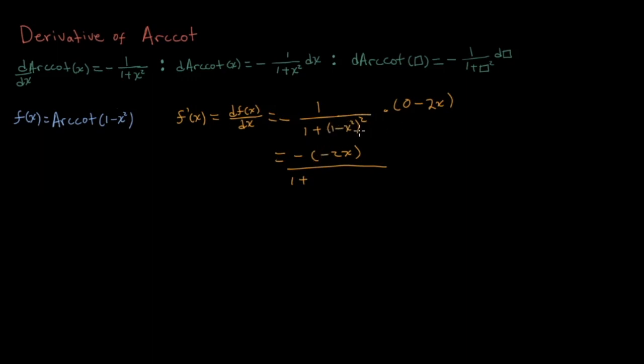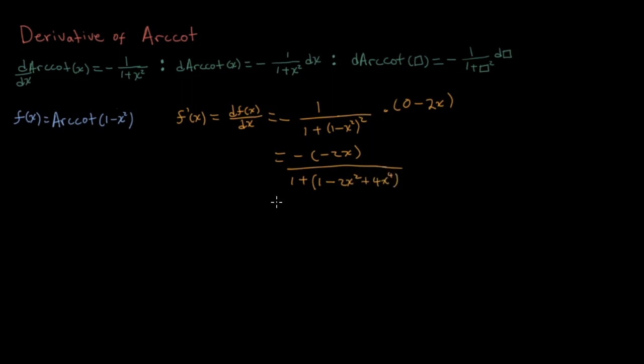So what we can do is expand this term here, and what that'll give us is 1 minus 2x squared plus 4x to the power of 4.